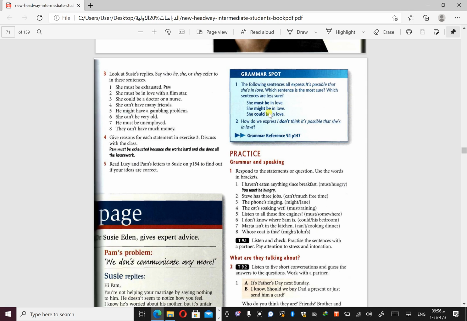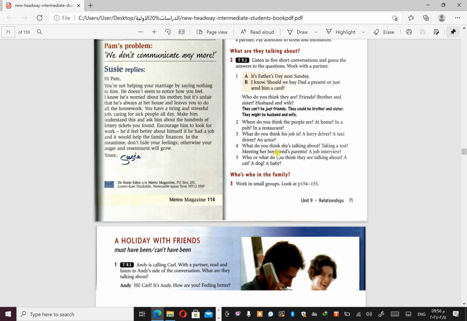So must be is 100%, might be is possible but not 100%. And when I say could, that also means possible but not 100%. So to show it is 100% possible to happen, I say must be. And of course we use be here because the modals may, might, could all take the base verb, فلهذا السبب رجعنا to its base verb.